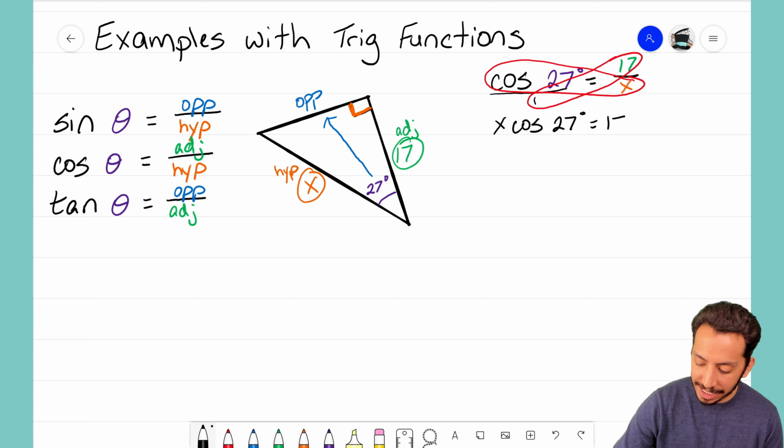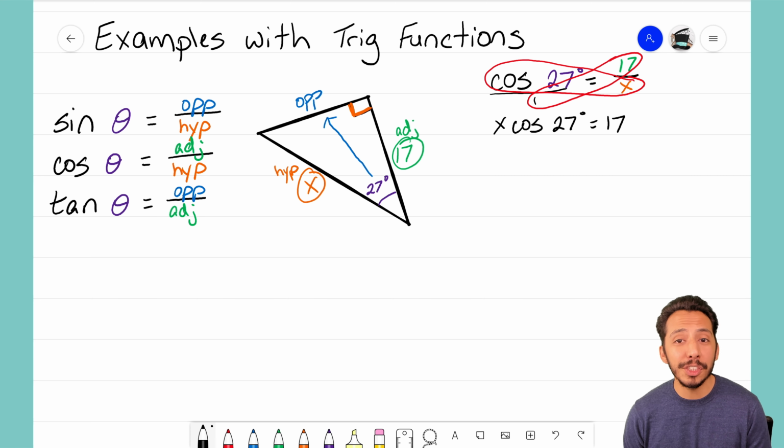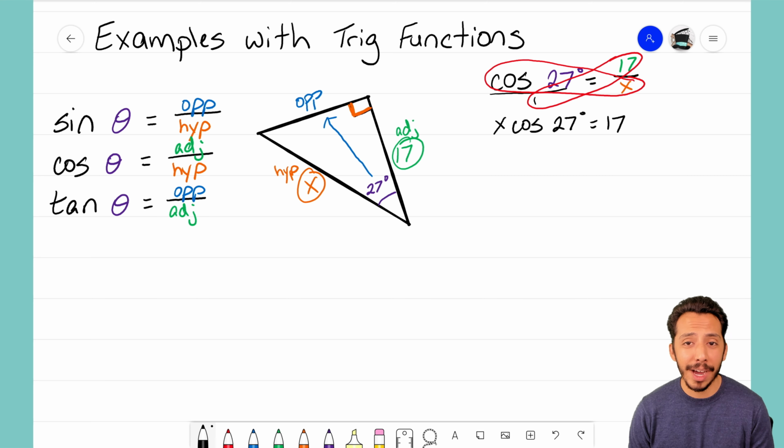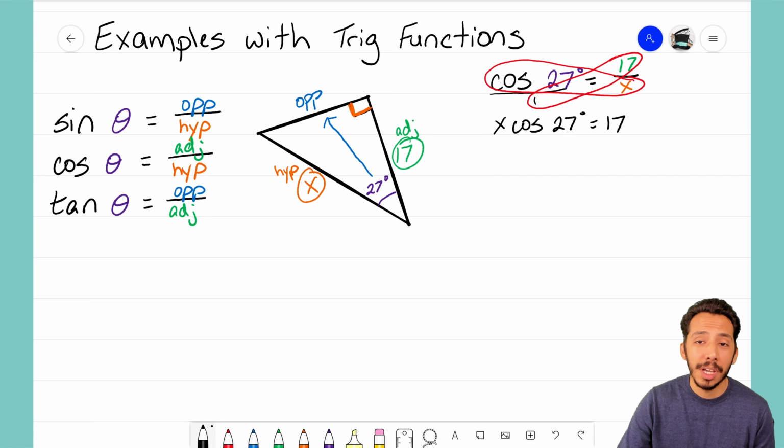So that equals 17. So I do have to do one more step before I can use my calculator, because right now I don't have x by itself. And you might have noticed in some of the previous videos, normally at this step, we can just enter in our calculator what we have in our expression. But if you notice here, x still has cosine of 27 degrees on it. We need to get rid of that.